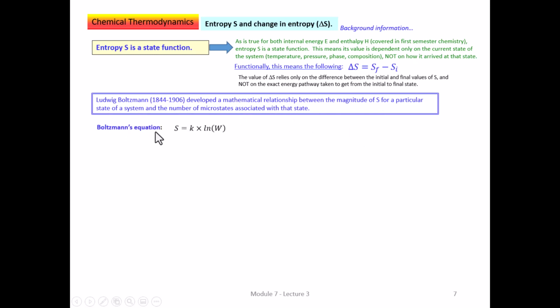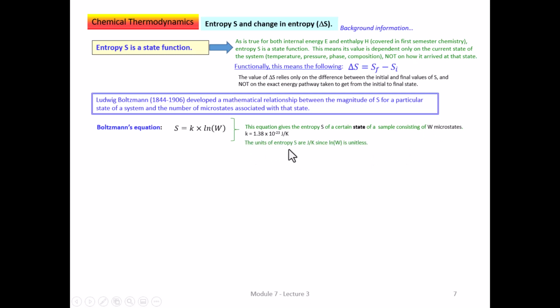Boltzmann's equation is the entropy S equals this constant k times the natural log of W, where W is the number of microstates and k has the value 1.38 times 10 to the minus 23rd joules per K. So this equation gives the entropy S of a certain state of a sample consisting of W microstates.